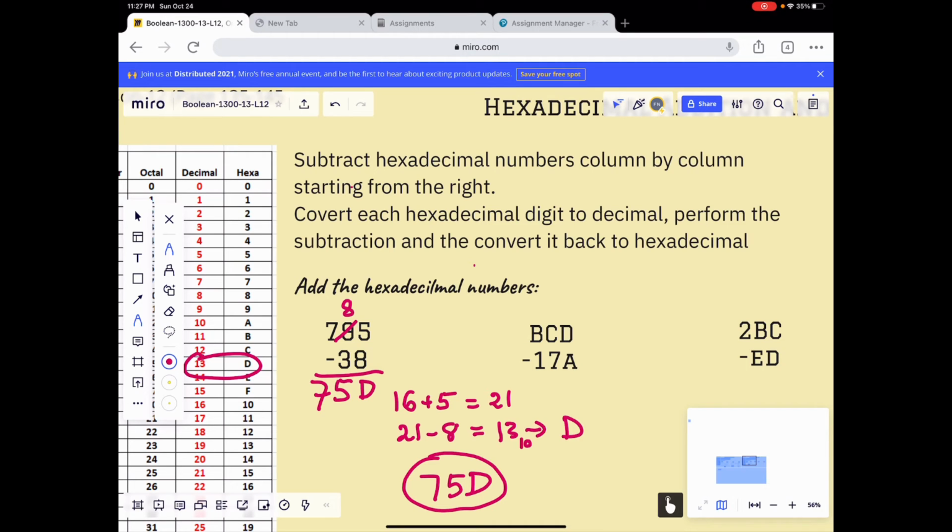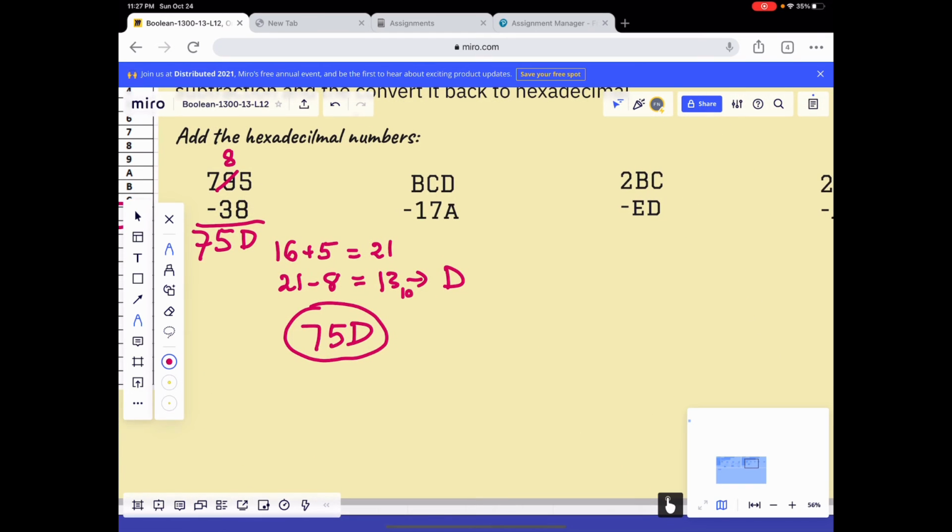All right, let's do another number here. BCD minus 178. So D minus A, so I write out D hexa minus A. You're going to convert to decimal.